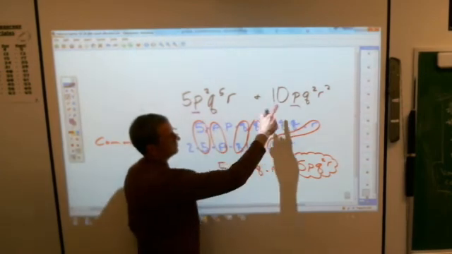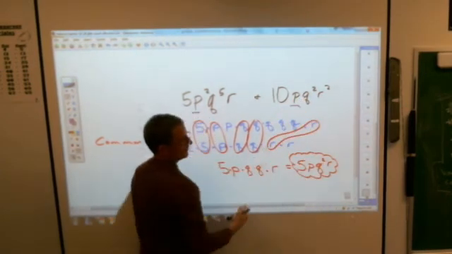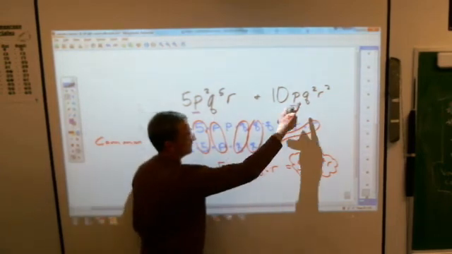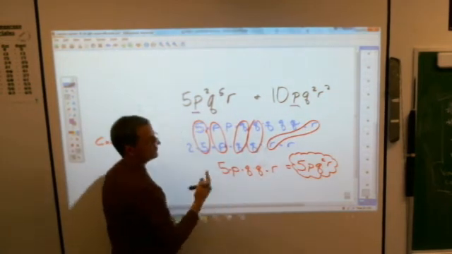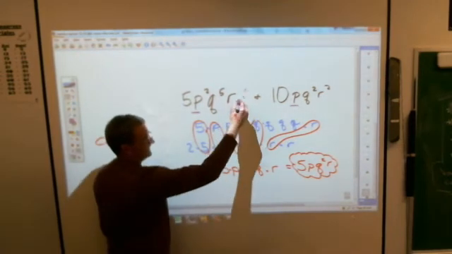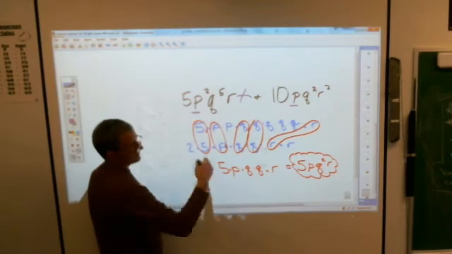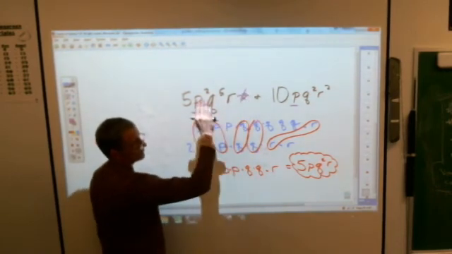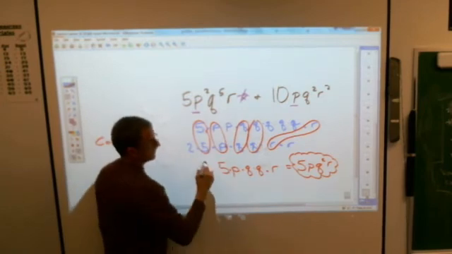This has 5 q's, that has 2 q's. The fewest is 2. This one has only one r, that has 2 r's, so you take one. You take the one that has the smallest. They both have to have it though. I mean, if this had a t in it, it's not a common factor because they don't even have 1 in common. But when they have a letter in common, you take the group that has the fewest of them.